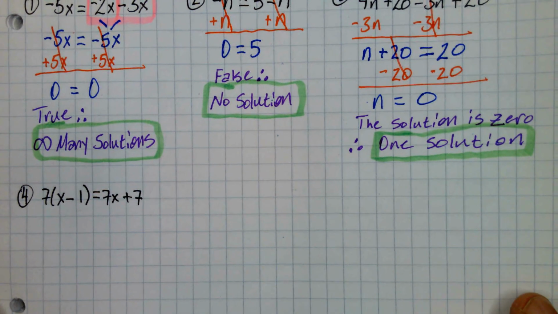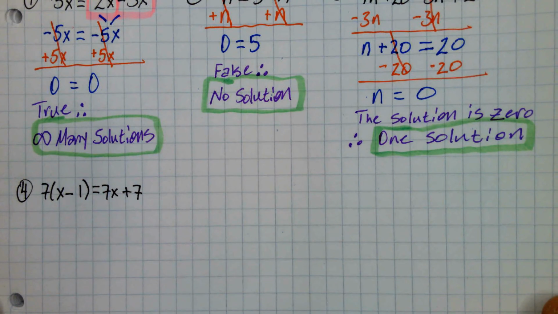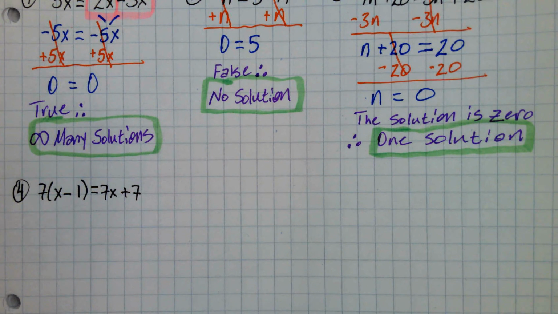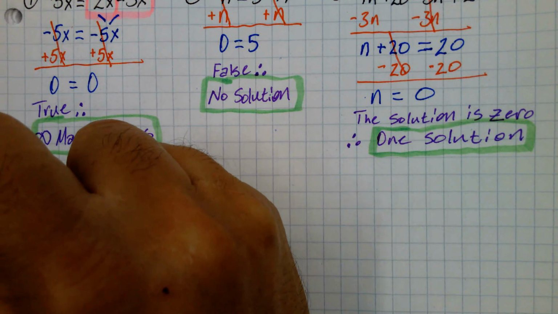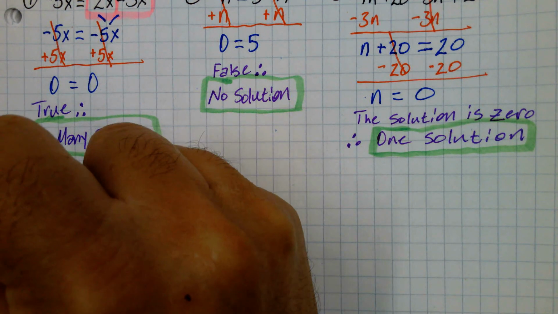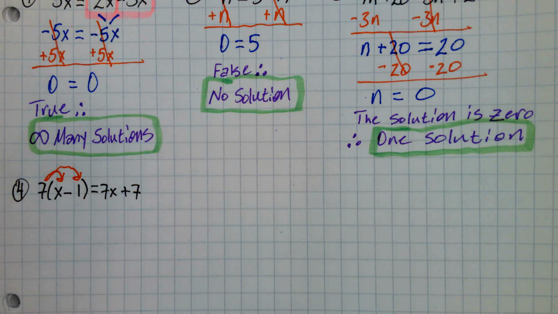Okay, so let's take a look at this one. So here we got 7 parentheses x minus 1 equals 7x plus 7. Now, we have to distribute, right? We got parentheses. Let's do it. Distribute the 7. Let's see what we get.